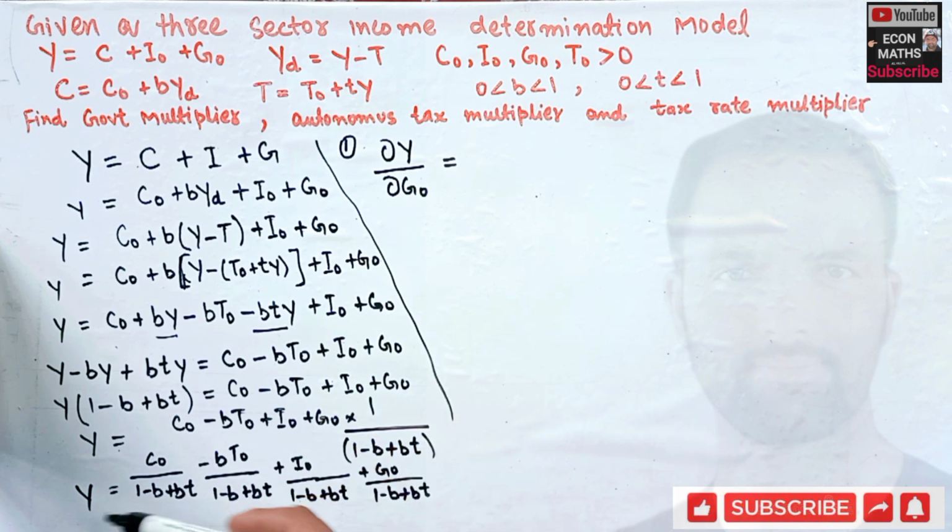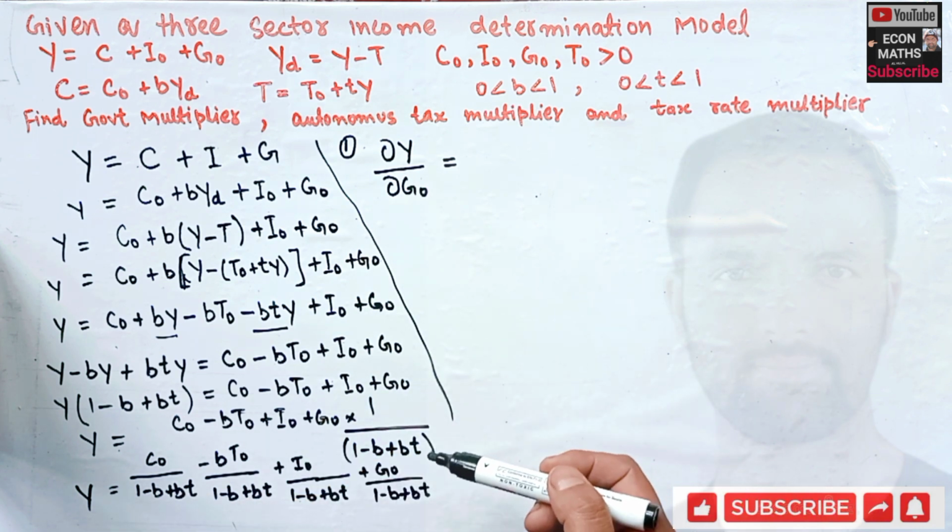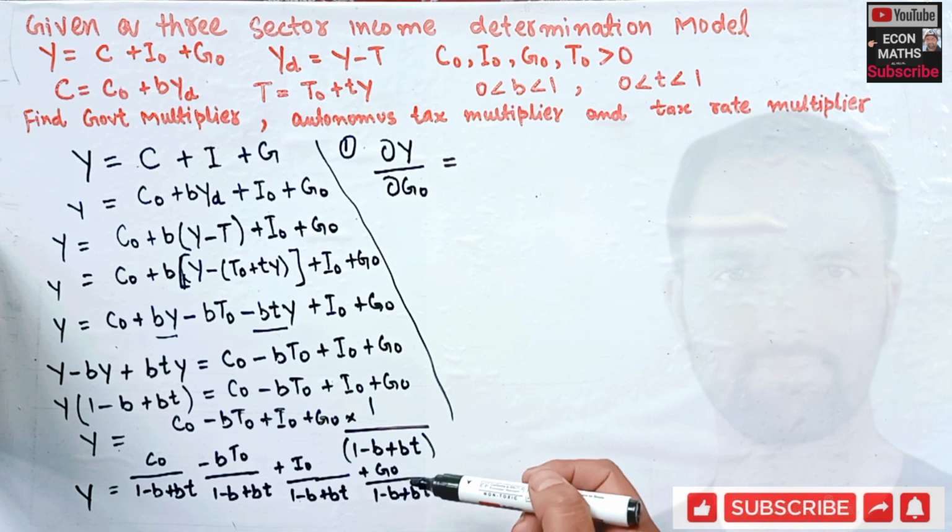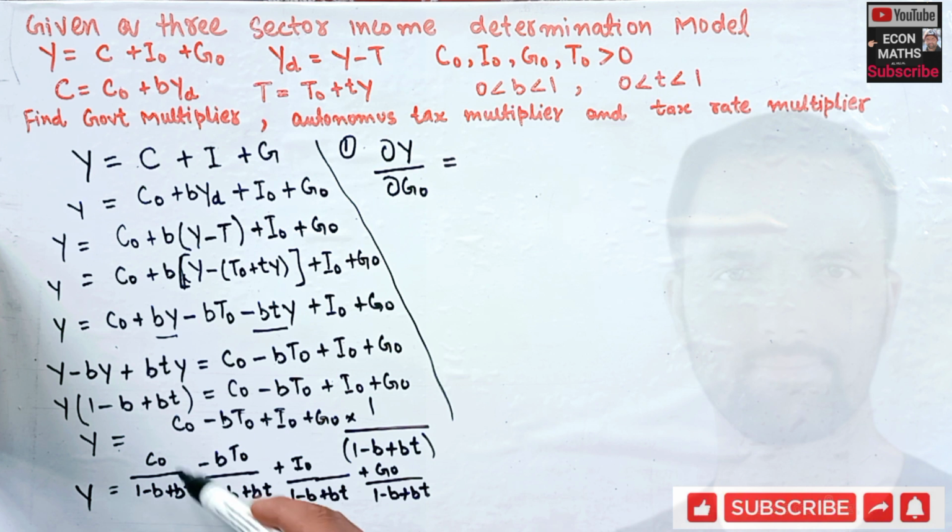Now if we differentiate this equation with respect to g naught, that means we will find the partial derivative. In the first term no g is involved, since we are partially differentiating with respect to g naught, so the derivative of the first term will be 0.